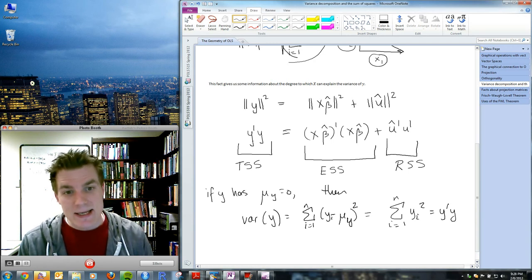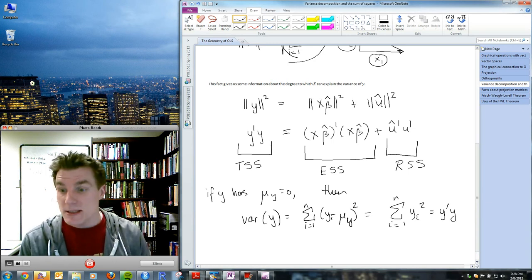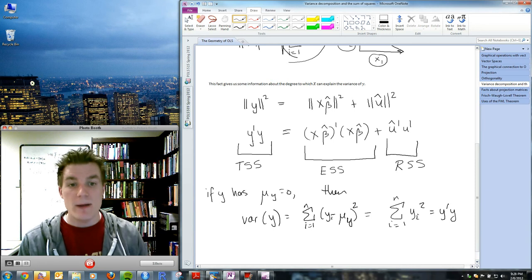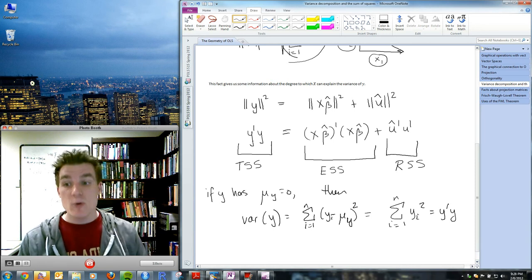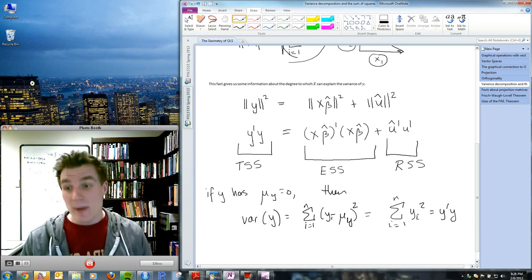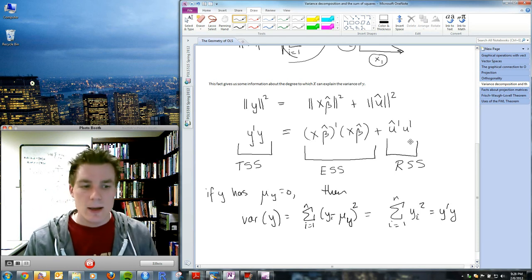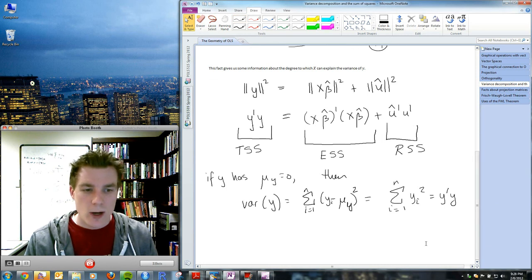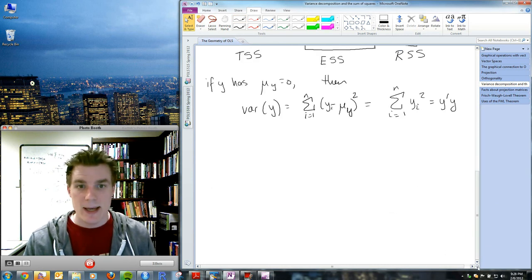So the ESS is the proportion of the variance of y, or the degree of variability in y, that can be explained by movement in the x-plane. And the RSS is that which remains, the part of the variability in y that can't be explained by x.